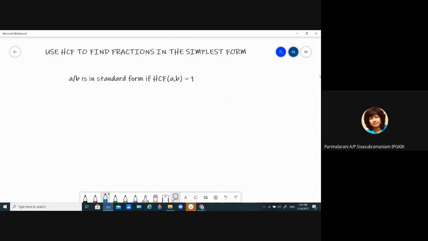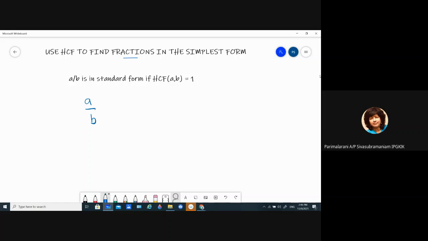using HCF to find fractions in the simplest form. Fractions are rational numbers. That is why we are looking at this here. If we say that a fraction is in standard form, many of you gave the answers that both A and B are co-primes, which is correct. So A over B is in standard form if they are both co-primes, that means the highest number that they can be divided by is 1.